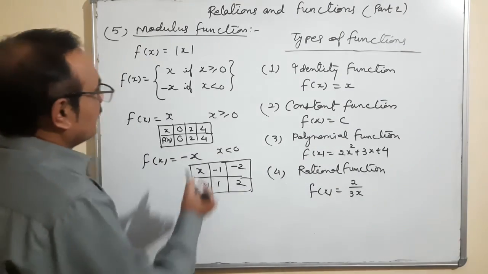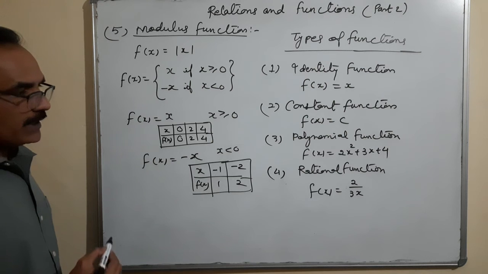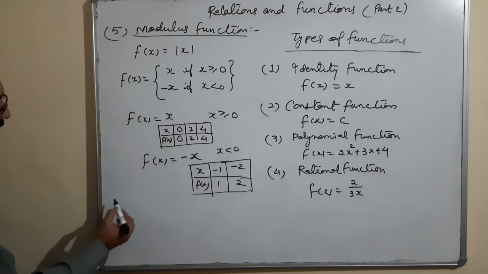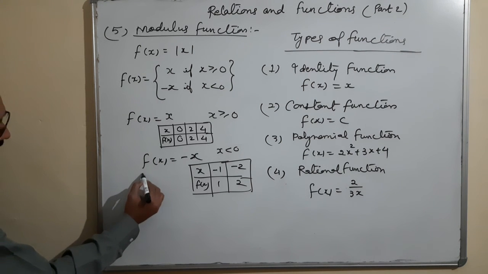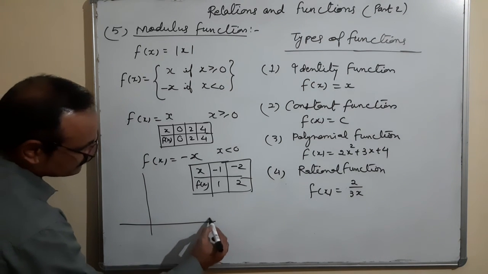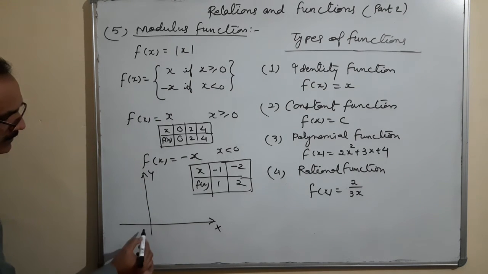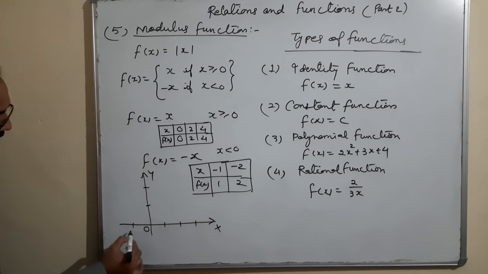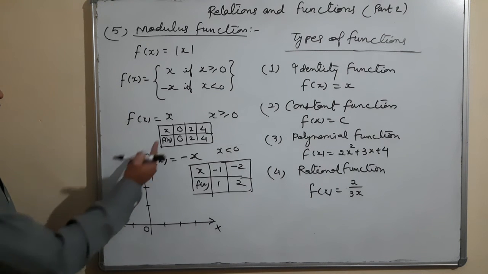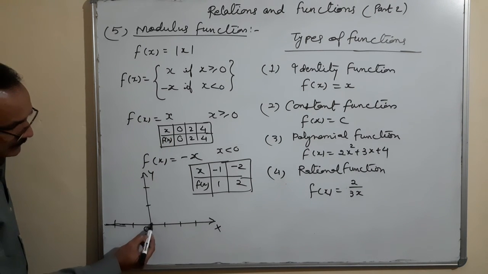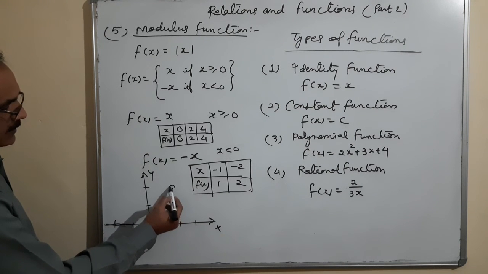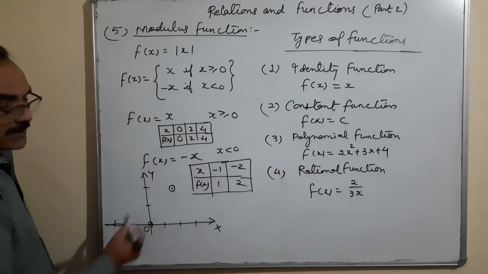When we combine both tables and make a graph, how do we make the function? See, here I am making it. Points on x and y: (0, 0) is a point, (2, 2) is a point, (4, 4) is a point.